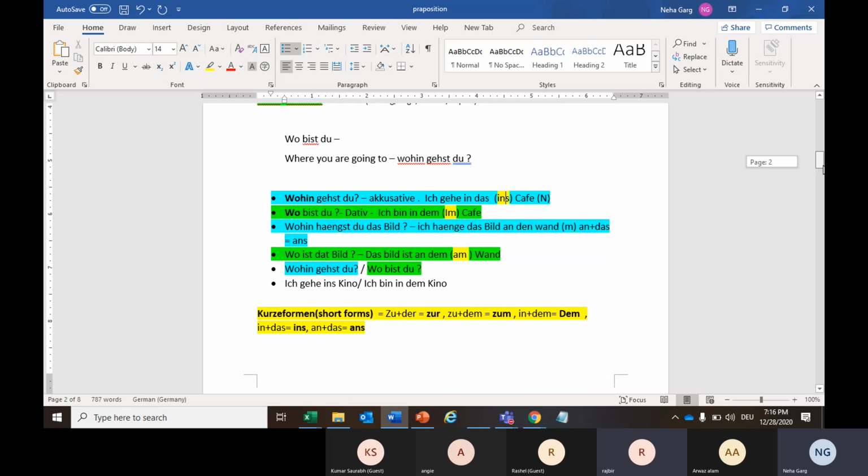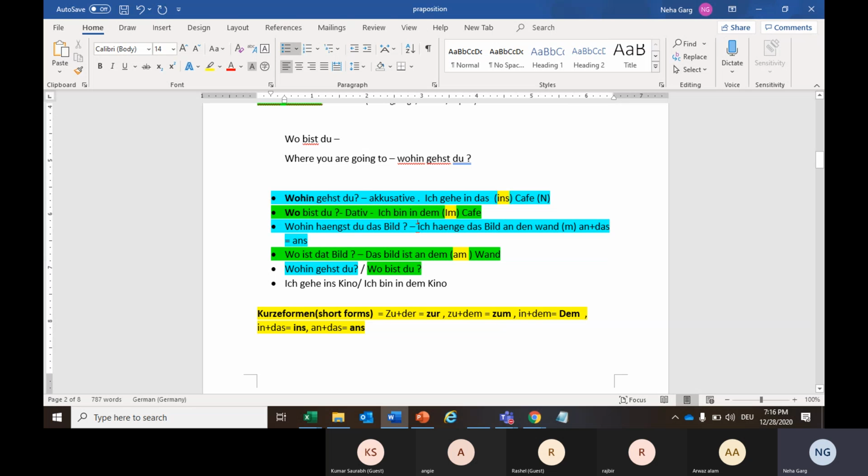One more example I'm just giving. Wohin hängst du das Bild? That means where are you hanging the picture? Bild means picture or frame. If I'm hanging something somewhere, there is a movement in hanging. So that is why it is going to be accusative.